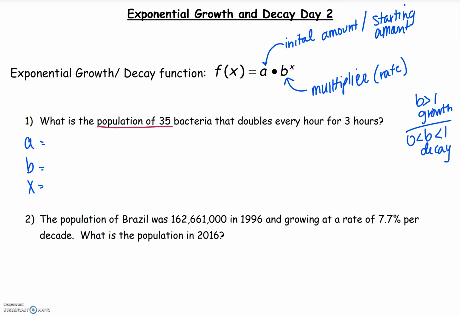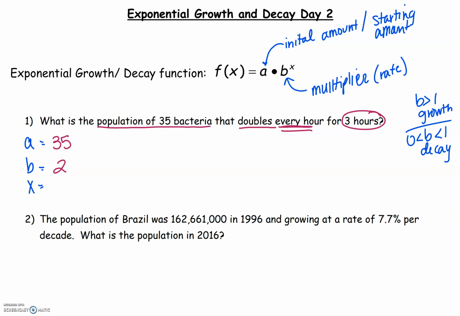So we have a population of 35 bacteria. That is our A, starting amount. Then it doubles every hour. So doubling is our multiplier, which would be 2 when we double. Notice it's every hour. And then for 3 hours after that, we want to figure out what it is.